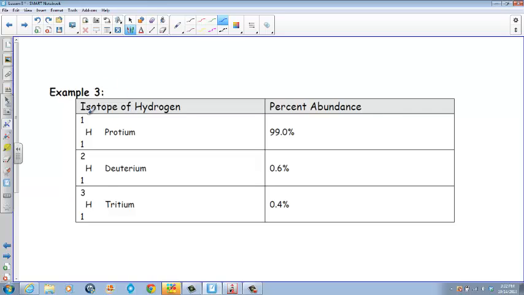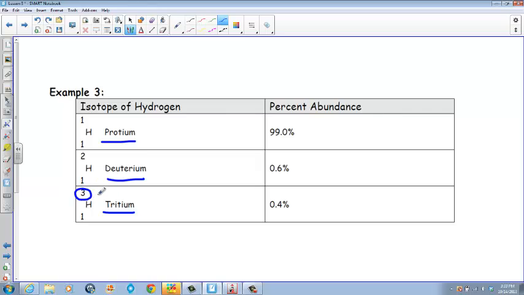All right, so let's look at example 3. Hydrogen has 3 isotopes. The names, very important, we do need to know these: protium, deuterium, and tritium. So pro can mean 1, the prefix can mean 1, so notice how the mass is 1. Deuterium, so duo means 2, tri means 3, so this is how this is connected here.